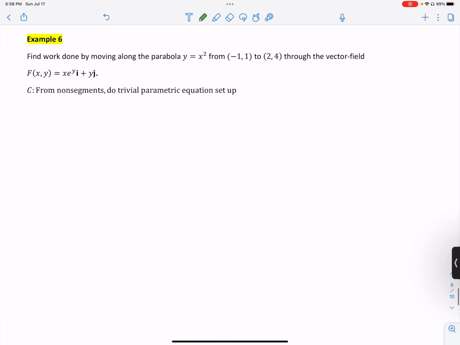So it says find work by moving along the parabola. We're in two space, and we have this parabola that looks like this, and they want us to travel on this parabola from (-1, 1) to (2, 4).